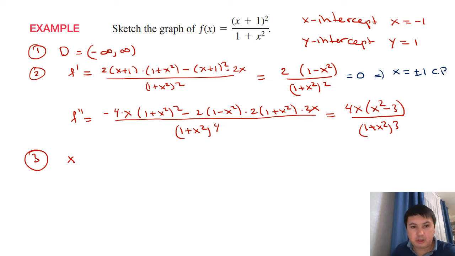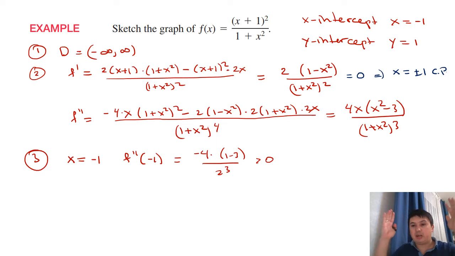At the critical points, if x equals -1, let's apply the second derivative test. We evaluate the second derivative at -1. So we see minus 4 times (1 minus 3) divided by 2 cubed. So negative, negative, this is positive.